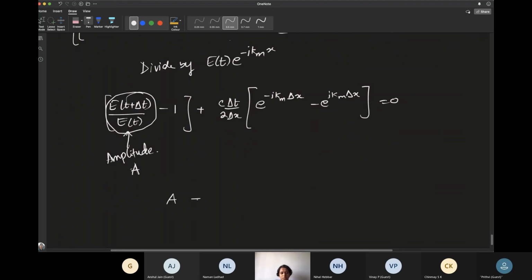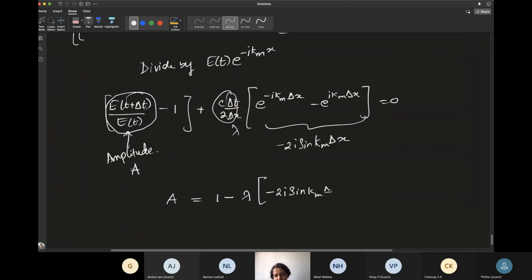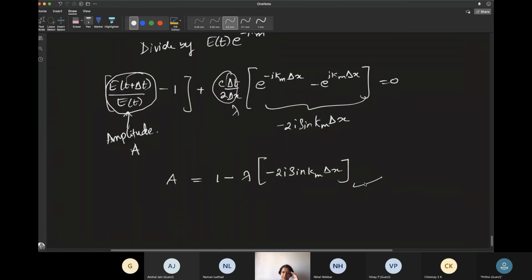So now a will be 1 minus, let me call this as lambda, and this is going to be minus 2i sine km delta x, right? So is this correct? So this is your amplitude ratio.